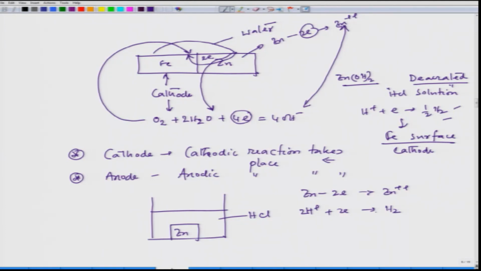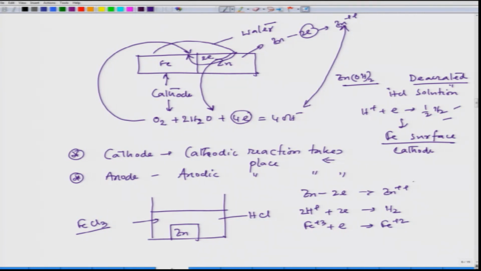These are the two cathodic and anodic reactions. But if by chance we have an impurity like FeCl3, then there could be one more cathodic reaction. That one more cathodic reaction is Fe3+ plus e equal to Fe2+.